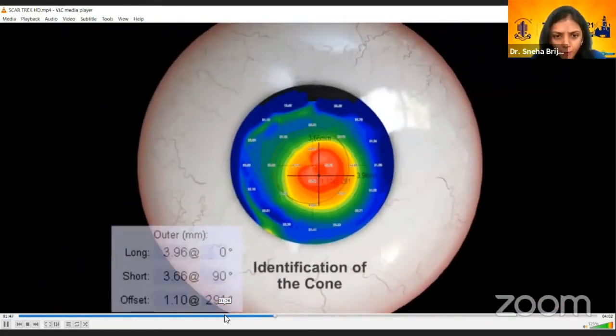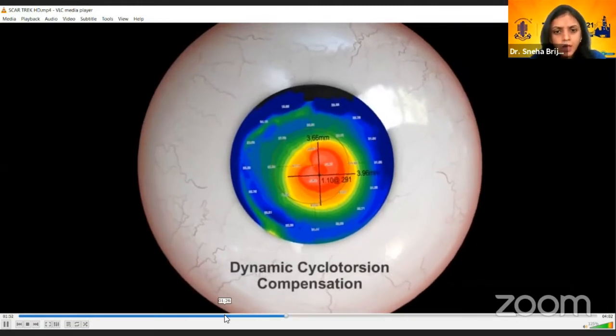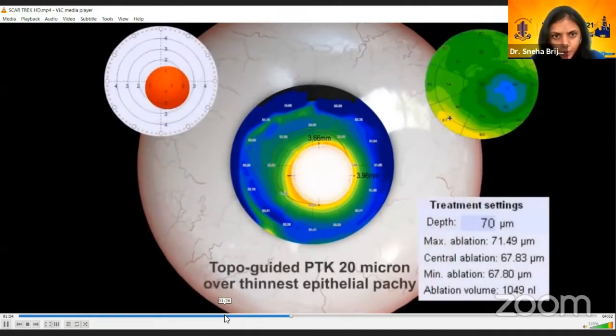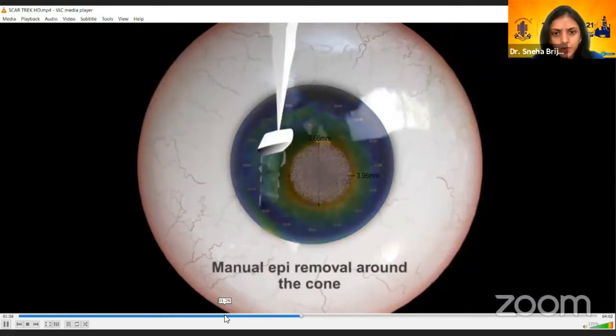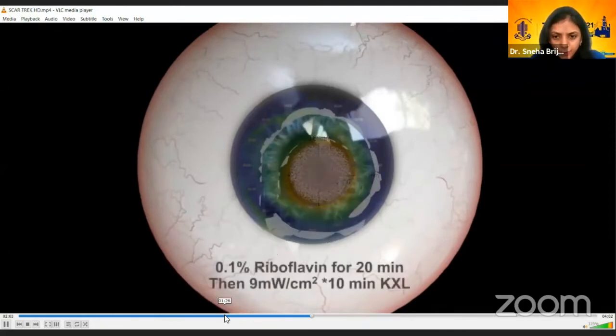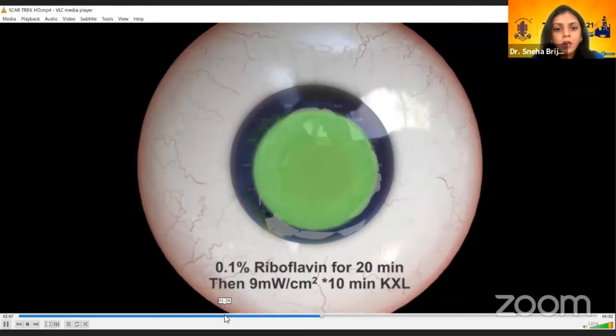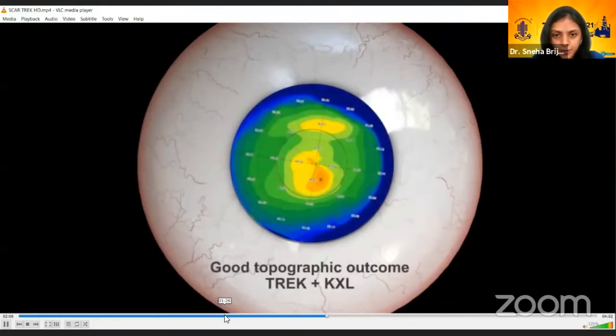On the Schwind platform, we identified the cone, measured their dimensions, dynamic cyclotorsion was taken into account, and then topo-guided PTK of 20 microns was done over the thinnest area of epithelium first. Then the manual epithelium was removed, followed by collagen cross-linking with 0.1% riboflavin for 20 minutes, followed by UV radiation.